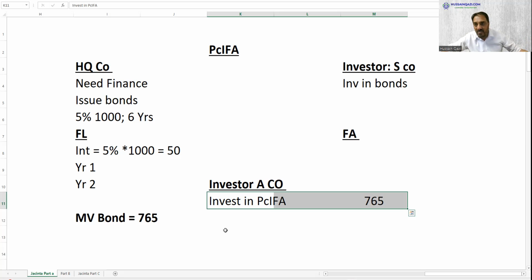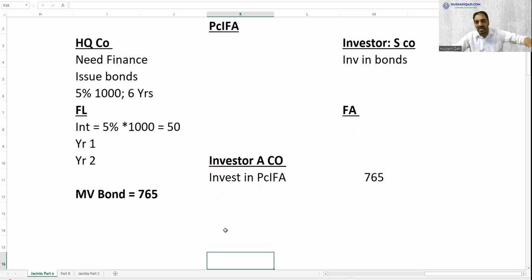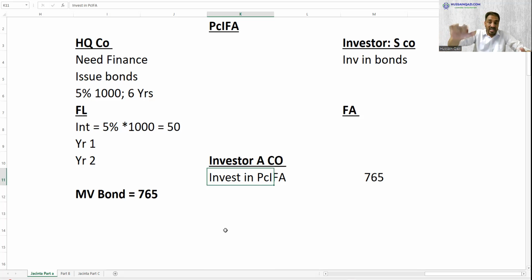Instead, we will only cover how to account for it if A company has invested in that particular financial asset. But if you have a question about why the investment was made in this credit impaired financial asset, this will be covered in the AFM or FM paper. This is not about a discussion. You can ask me separately on WhatsApp.